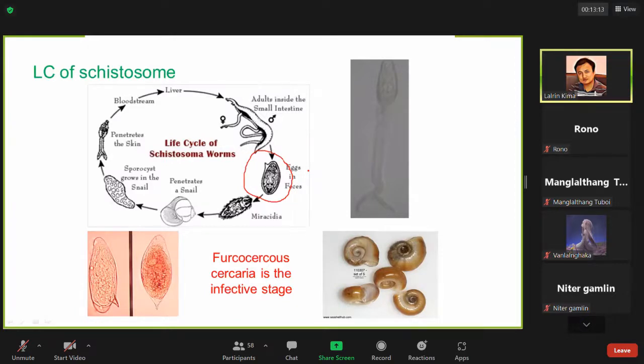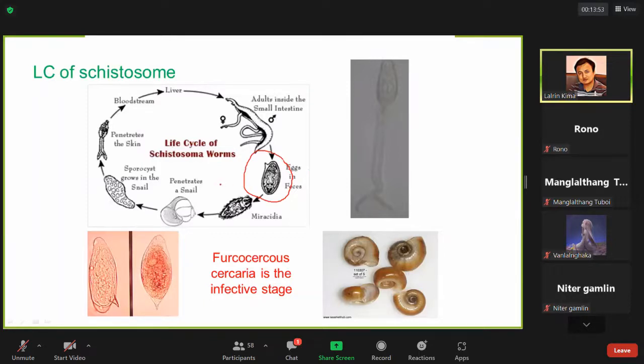The moment cattle defecate or urinate and it passes into the water, the egg will immediately hatch into miracidium.